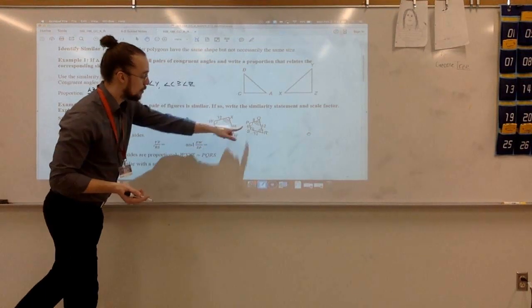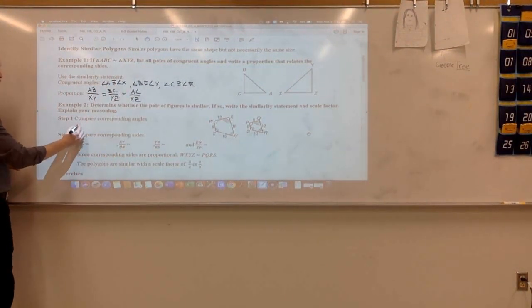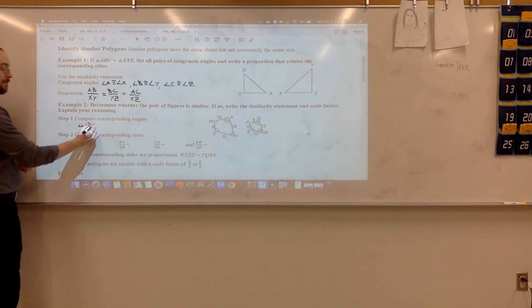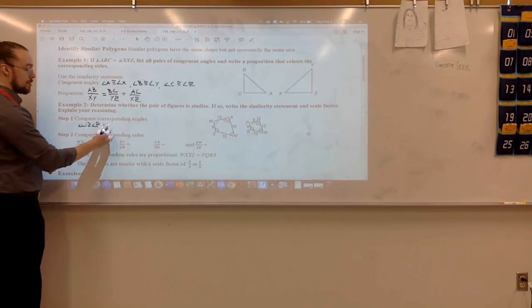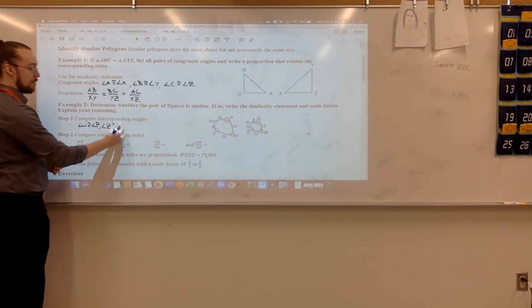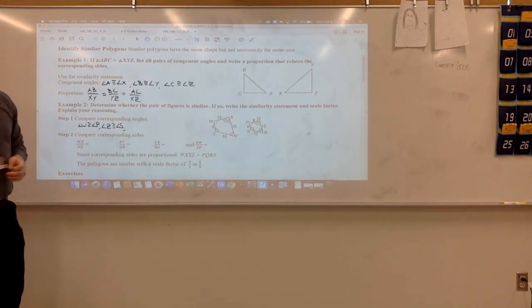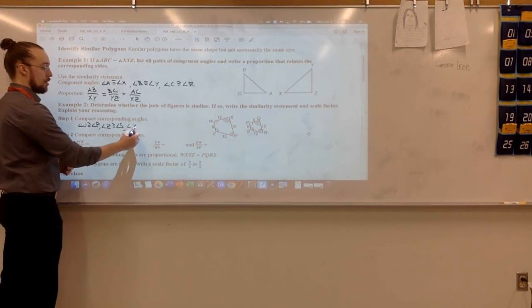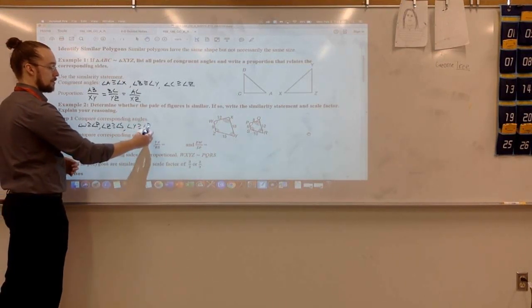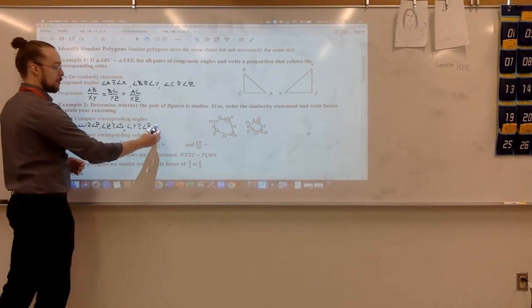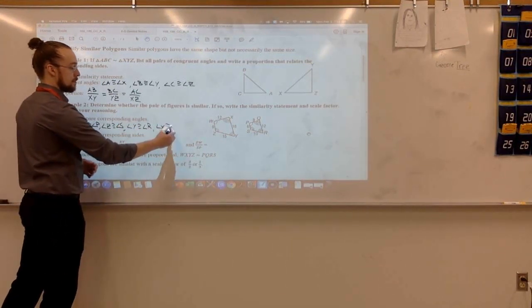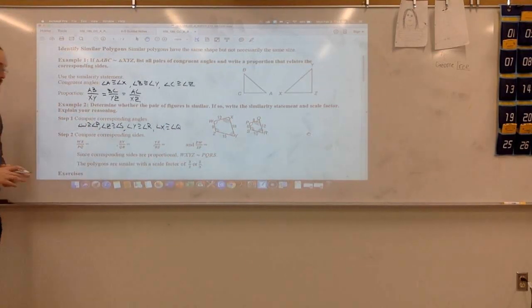Well, I can say W is congruent to P. Z is congruent to S. Y is congruent to R. And X is congruent to Q. So I can match up all four pairs of corresponding angles.